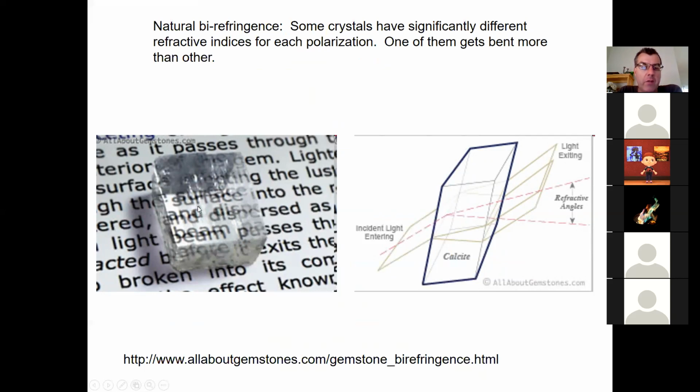Some of the light is going to get refracted by one amount, some of it's going to get refracted by a different amount. And so we see two images coming through this crystal. And you would use something with these kinds of properties to make a quarter wave plate or a half wave plate that would rotate the polarization.